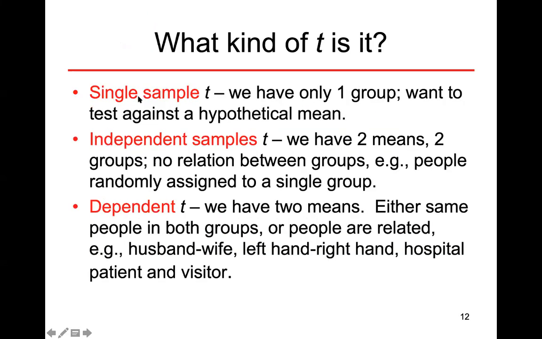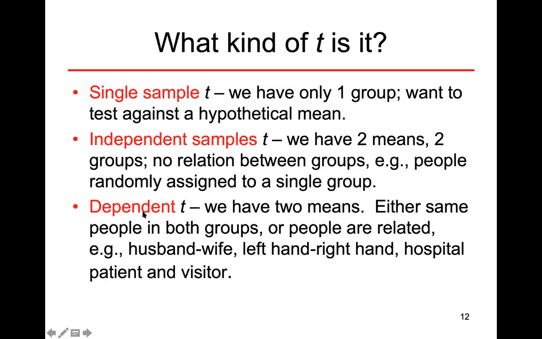In the single sample case, I have one group and I would like to test it against a hypothetical mean. Hypothetical means I have it from previous studies, from the literature, those kind of things, okay? In independent samples, I have 2 means, 2 groups, no relation between groups, and these people are randomly assigned to the groups, okay?